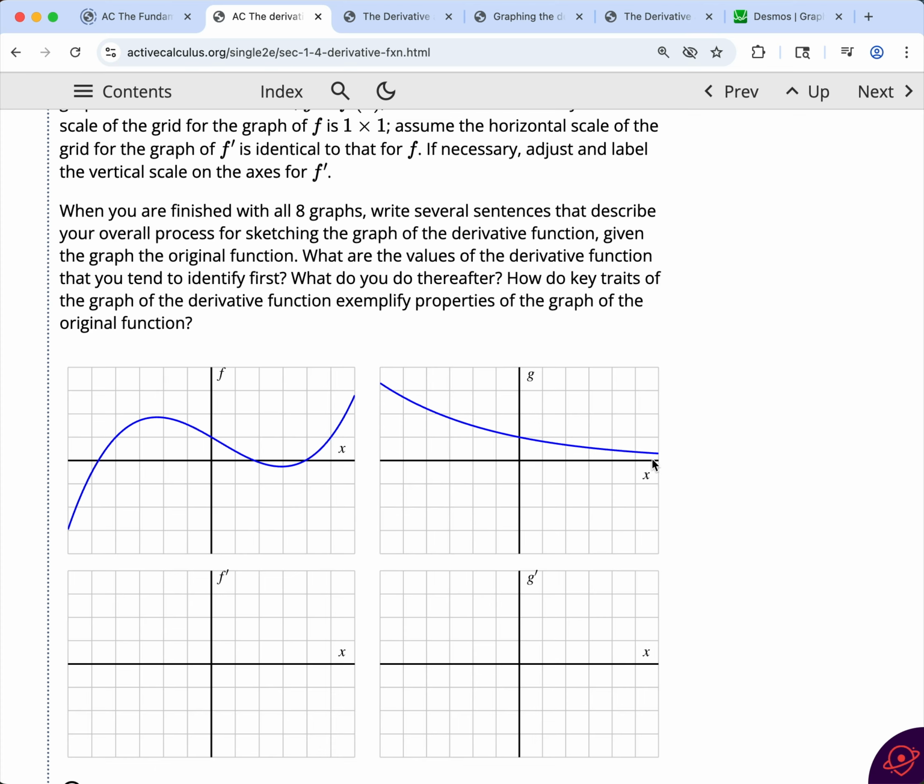So what would the slope of this look like? Well, this is always going down, so it's got a negative slope. My question to the class was, is this slope decreasing or increasing? And some people have trouble with this.